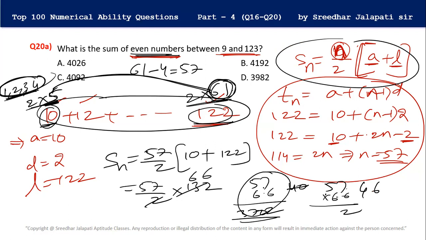I'm sorry, previously I multiplied the numbers in a wrong way. And 66 fives is 330, so 3762. That is also not there in the options.